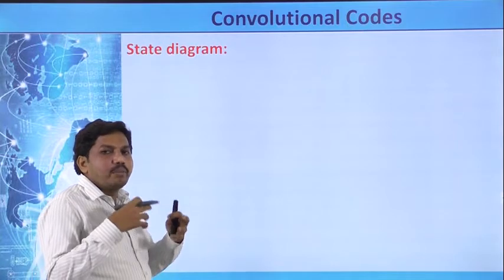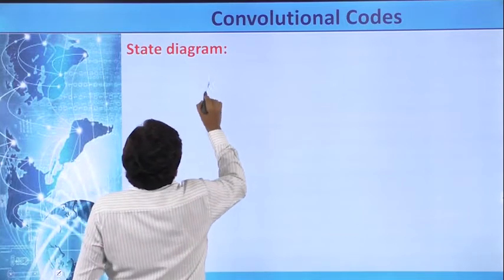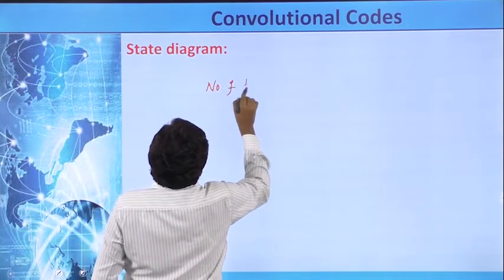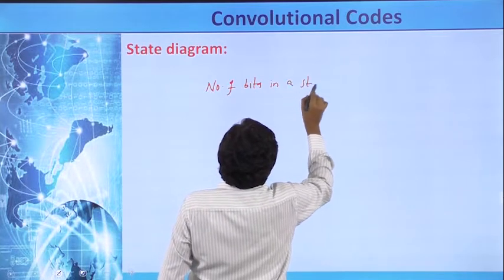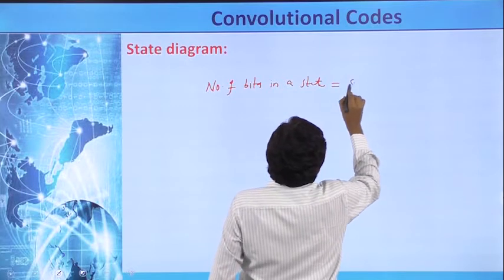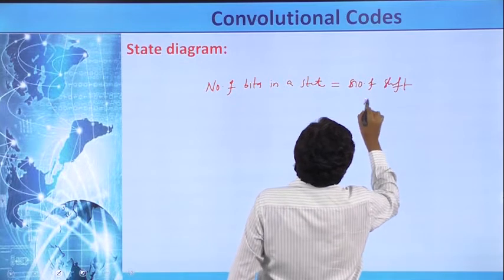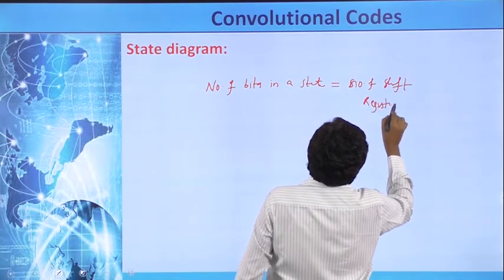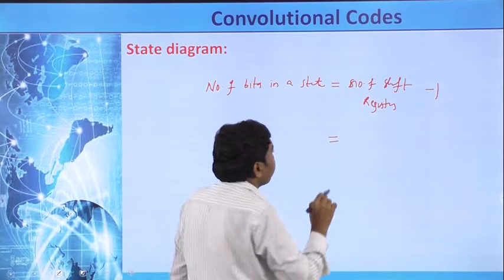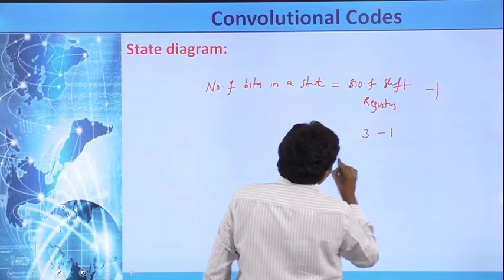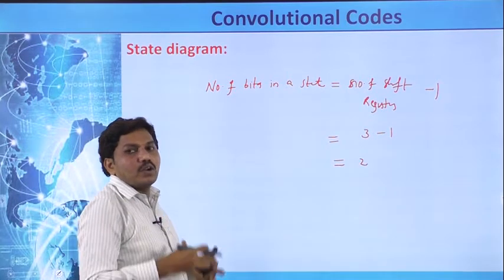How many bits are there in each state? The number of bits in a state is equal to the number of shift registers minus 1. The number of shift registers in our convolutional encoder is 3, so 3 minus 1 is 2. That means the number of bits in a state is 2.